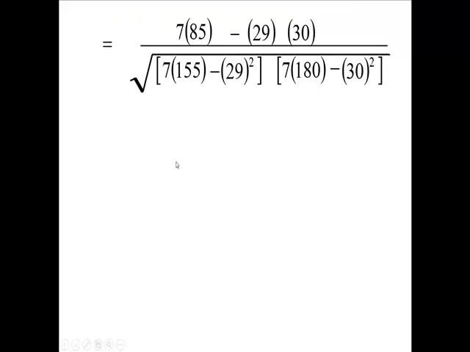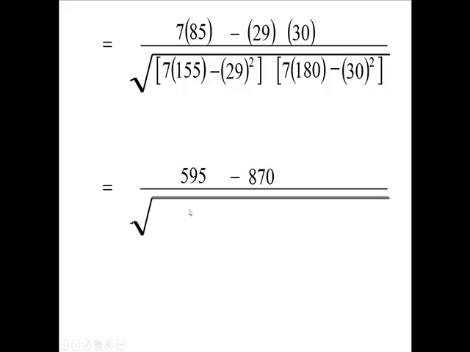So we copy that up here. 7 times 85, 29 times 30, 7 times 155, and 29 times 29, times 7 times 180, minus 30 times 30. So on the top we're going to get a negative number.